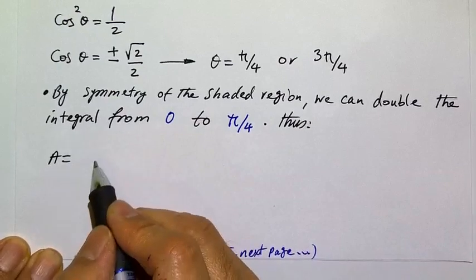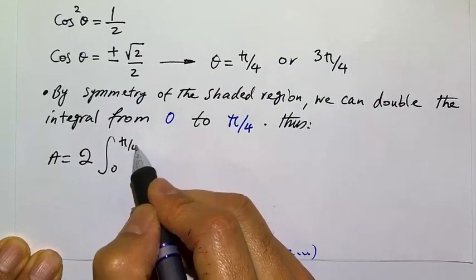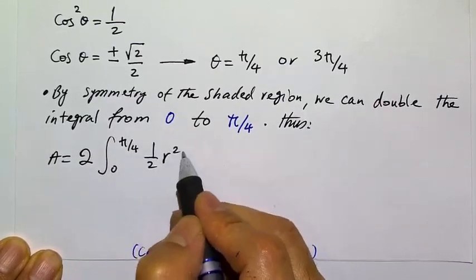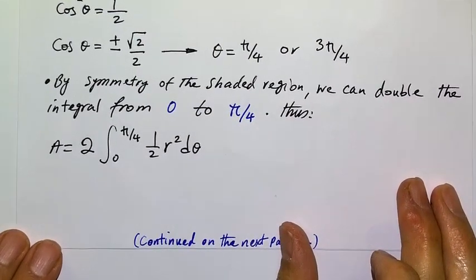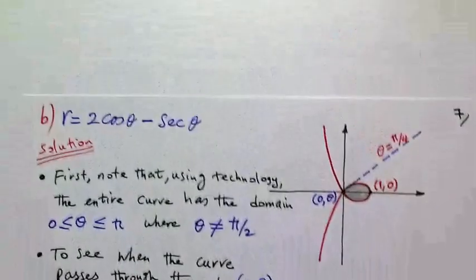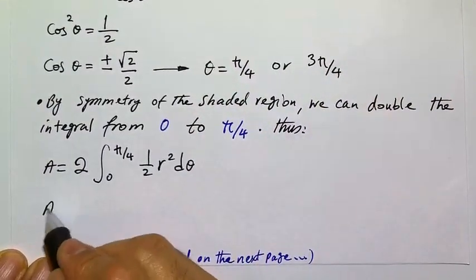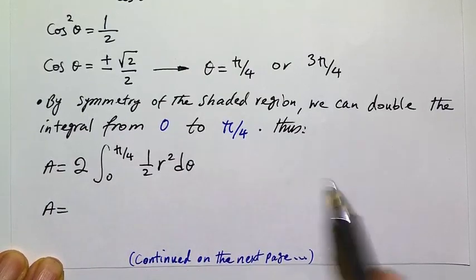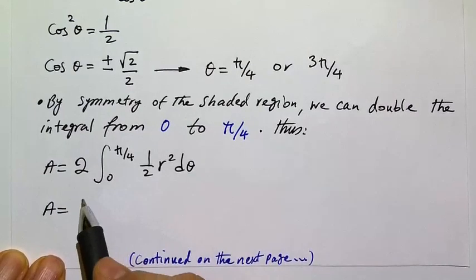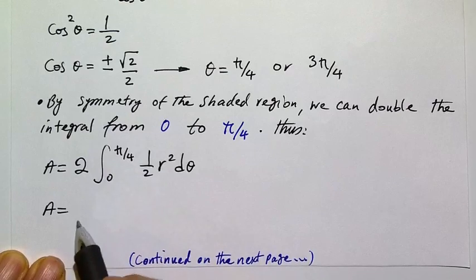Okay, so this is our doubling the integral from 0 to pi over 4, 1/2 r squared d theta, right? So r is this whole thing. I'm going to plug that in. So even though this problem didn't ask us to graph it, without the graph, or without the use of technology, we wouldn't have any way of establishing these limits of integration.